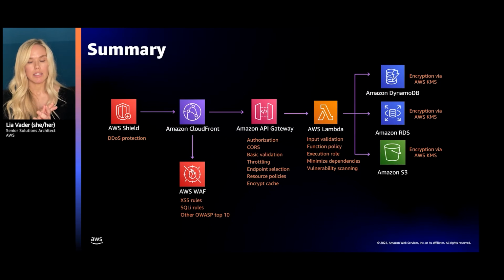Let's summarize the changes we just covered with our best practices. With Shield and CloudFront, we have DDoS protection. We're also using WAF rules to cover OWASP Top 10, SQL injection, cross-site scripting, that sort of thing. We have authorization, CORS, validation, throttling, proper endpoints, resource policies, and cache encryption on API Gateway.